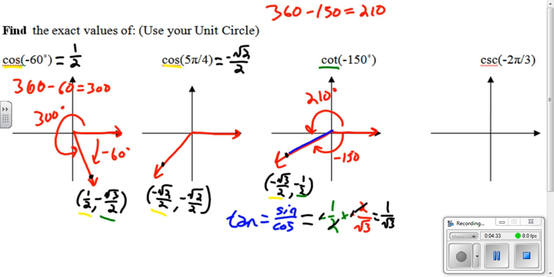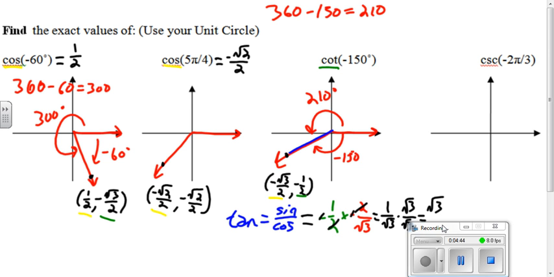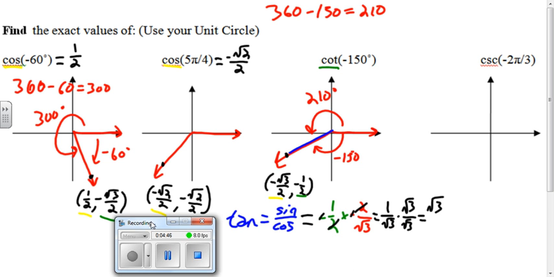But we don't like having radicals in our denominator, so we have to rationalize, root 3 over root 3. So our final answer, root 3 over 3, is going to be our cotangent. And again, you could have found that by just taking the tangent and finding the reciprocal to get the cotangent. That works just as well.